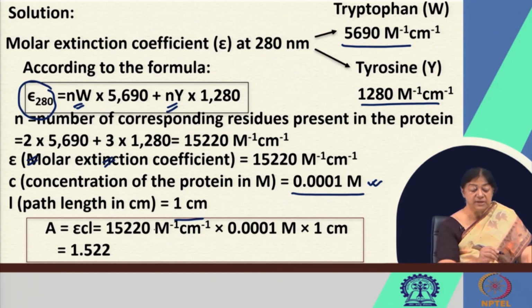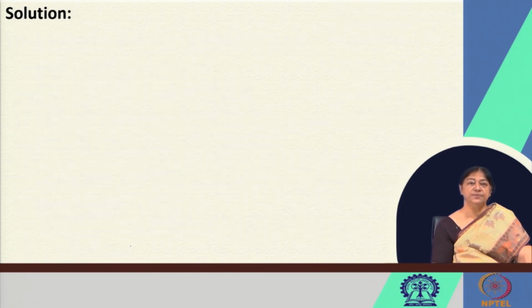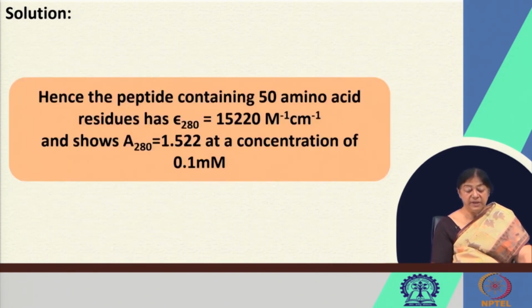We got it from the tryptophan and the tyrosine, the concentration, and the path length giving us an absorbance value. So, the peptide containing 50 amino acid residues has an extinction coefficient of 15,220 per molar per centimeter, and an absorbance value of 1.522.